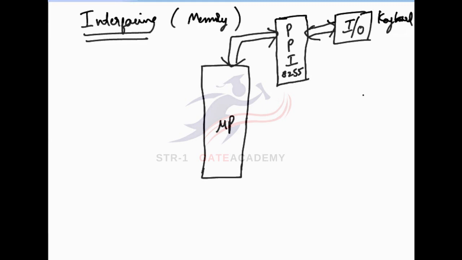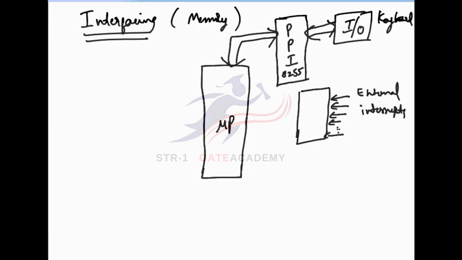Similarly, external interrupts. The 8085 microprocessor internally has 5 hardware interrupts. If the number of interrupts is more than 5, then we use one controller, the Programmable Interrupt Controller. For this purpose, one IC is used, that IC is 8259.